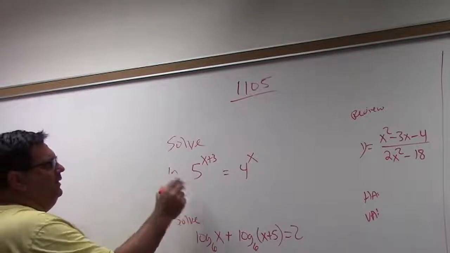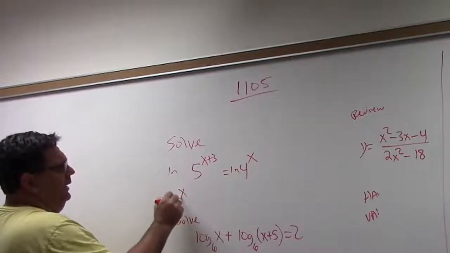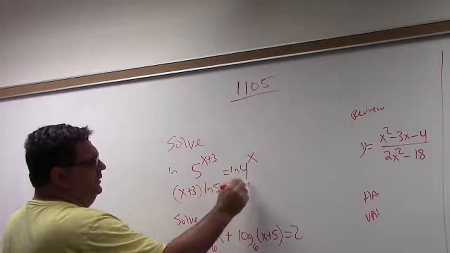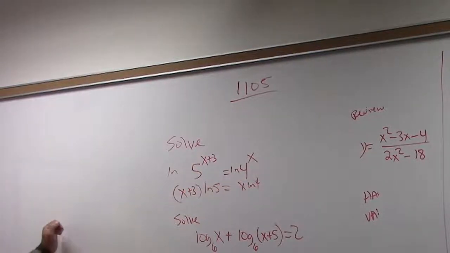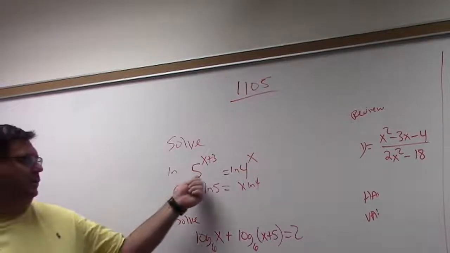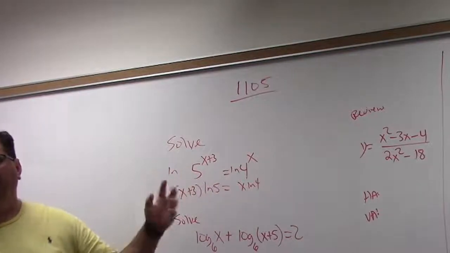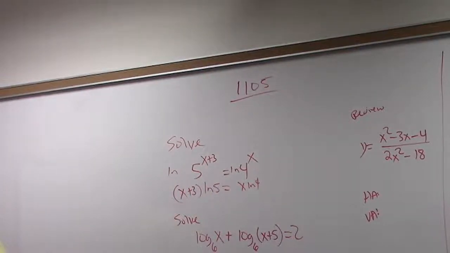All right, number 1, here we go. We're going to take the ln of both sides. We get x plus 3 ln 5 equals x ln 4. Now, remember, if you could, you would try to make these bases the same. Make them both 5, make them both 4. Even if you have to convert it to a 2, that'd be okay. Can't you multiply each by something?